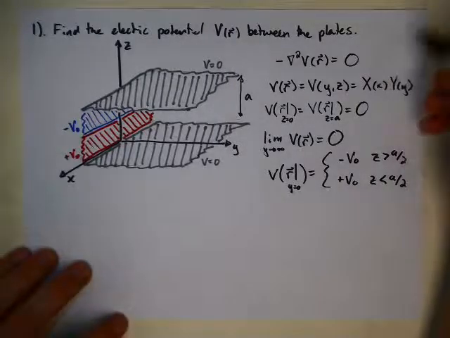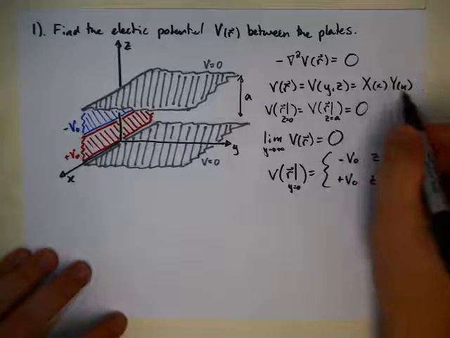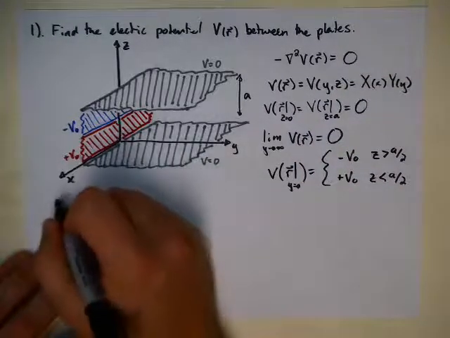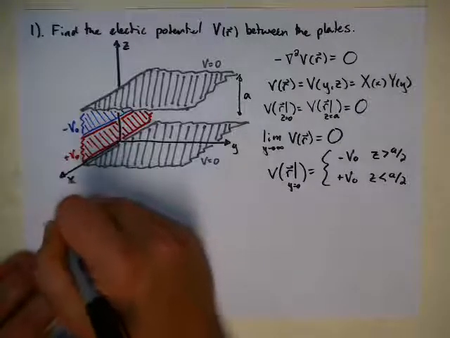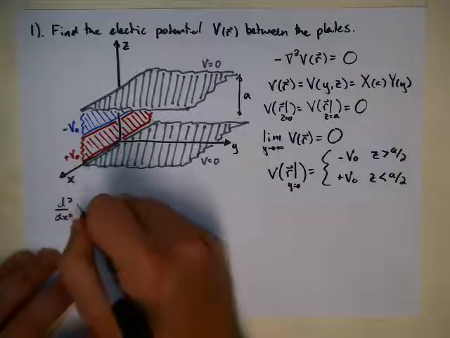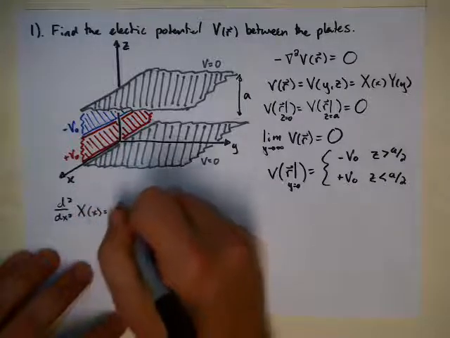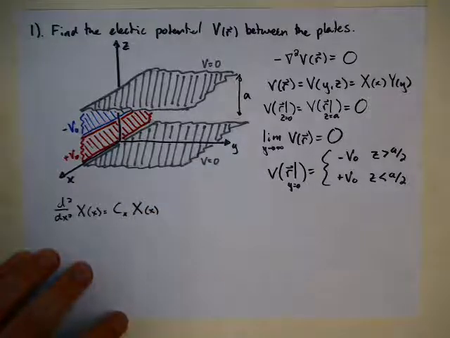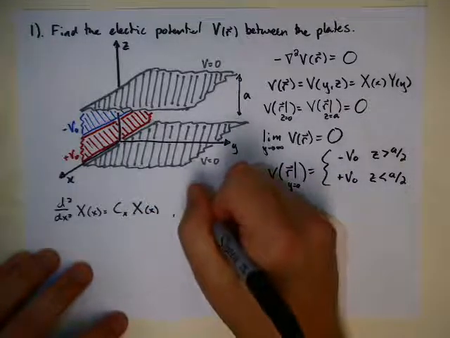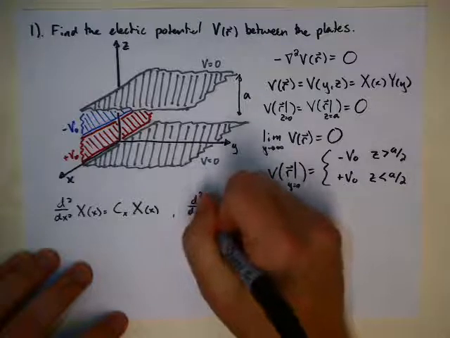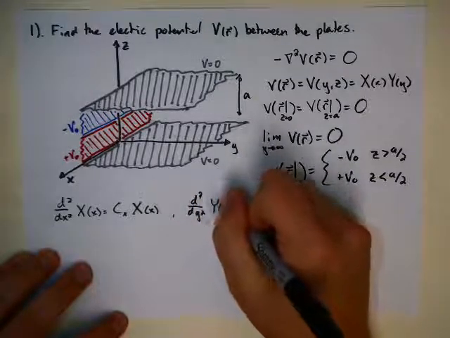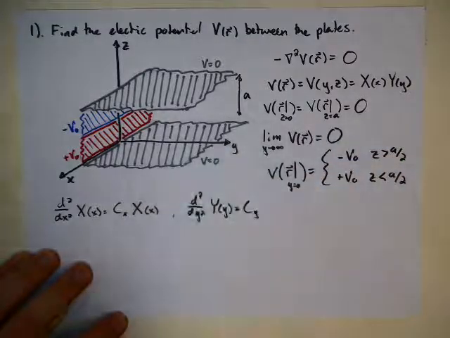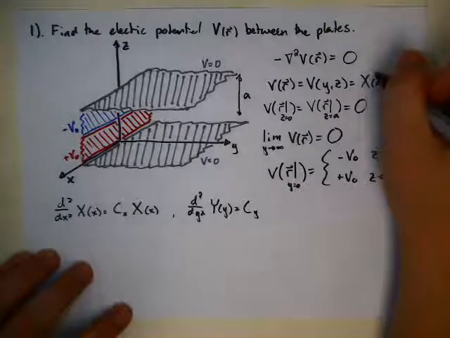Whenever we make this assumption that V is a product and we plug it into the Laplace equation, we're always going to get these two equations out. We're going to get that the second derivative of capital X is some constant, which I'm going to label Cx, times capital X itself. We're going to get that the second derivative with respect to y of capital Y is a constant, I'm going to call Cy. Oh, why did I have this x and y?